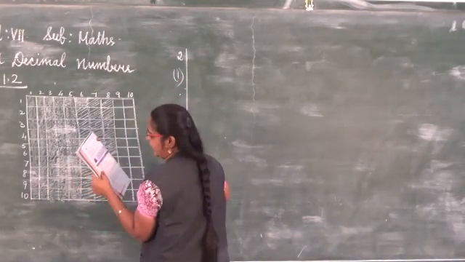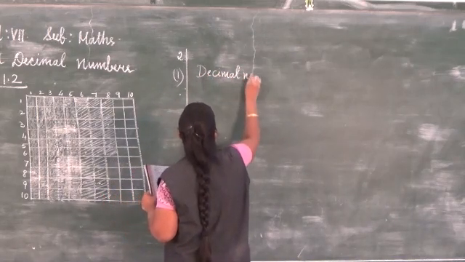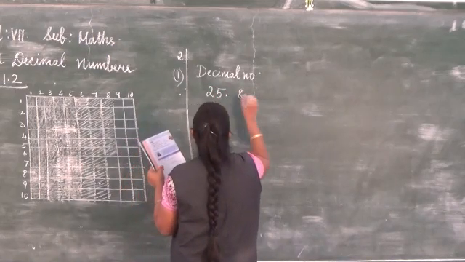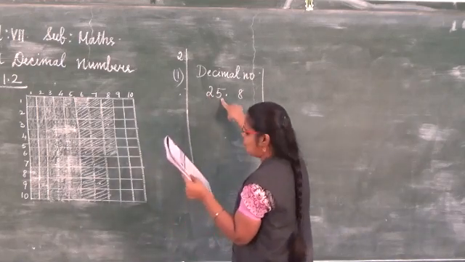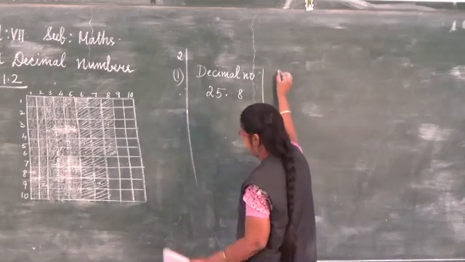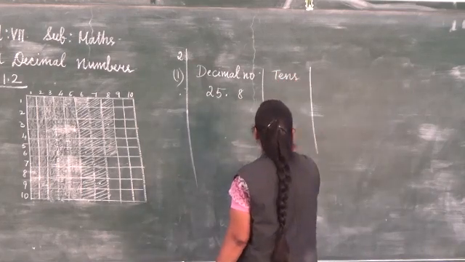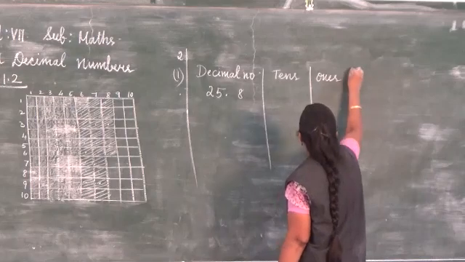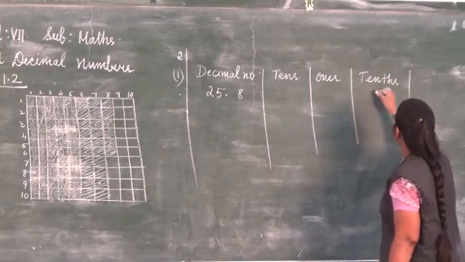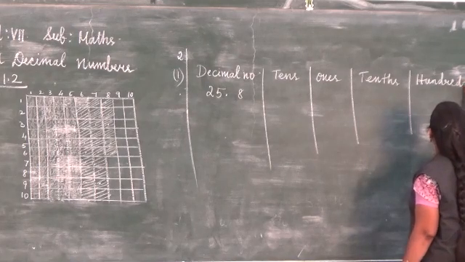So second problem: add the following by using place value grid. By place value grid you have to add. Here the decimal number they have given us is 25.8. So we have to write tens, then ones, then tenths place, then after tenths place it is hundredths place.